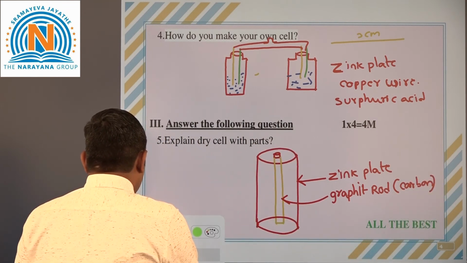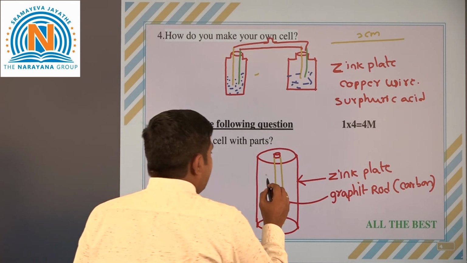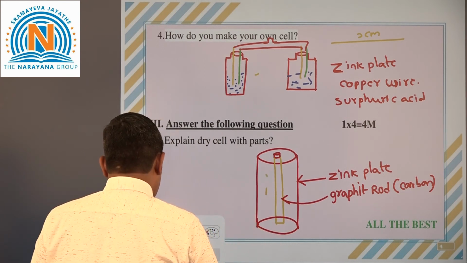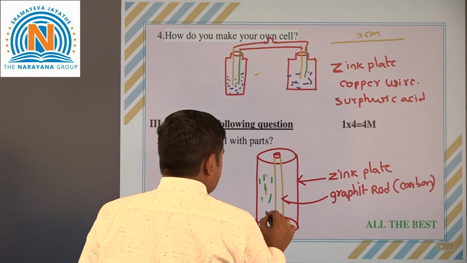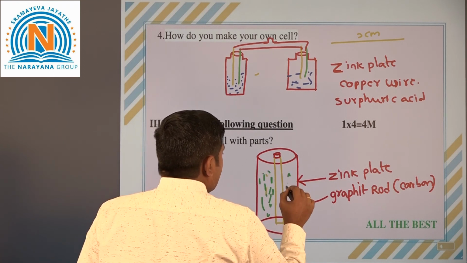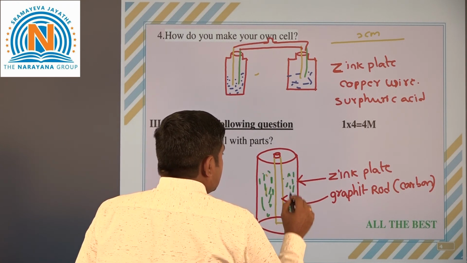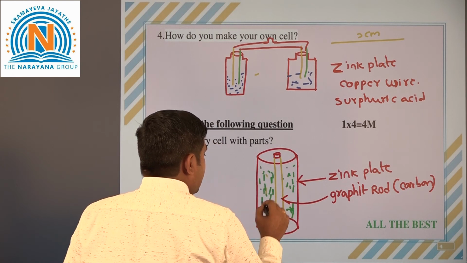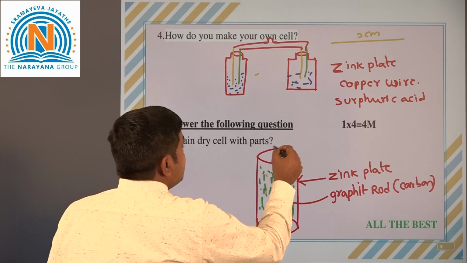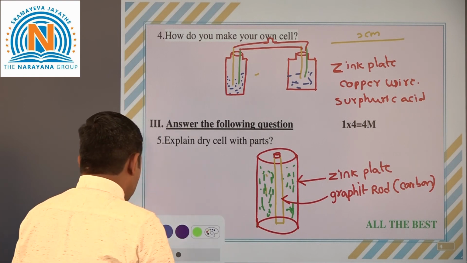Next, in between we are going to add some ammonium sulfate. By using this you can prepare the dry cell, and the top side is open.